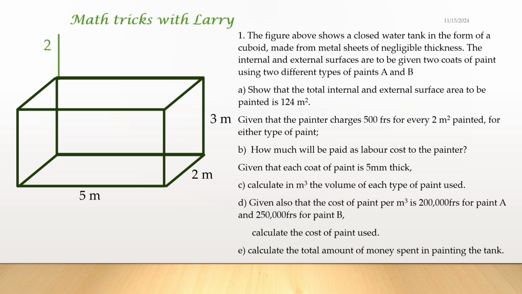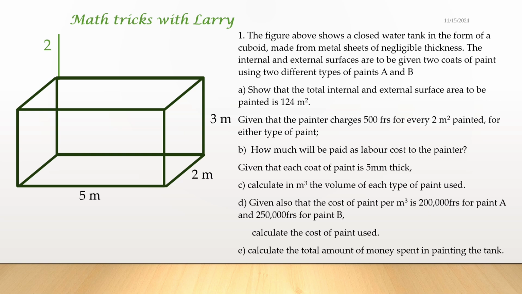D. Given also that the cost of paint per meter cube is 200,000 francs for paint A and 250,000 francs for paint B, calculate the cost of paint used. E. Calculate the total amount of money spent in painting the tank.